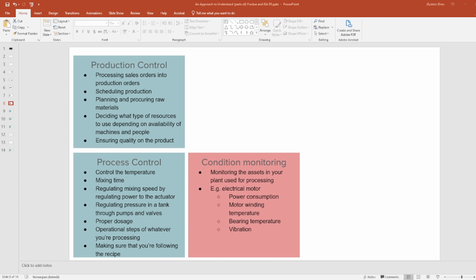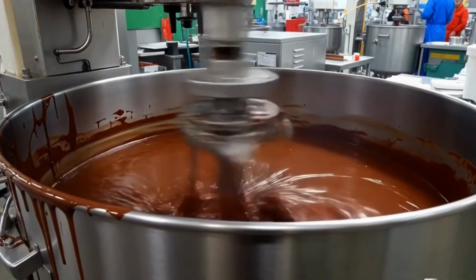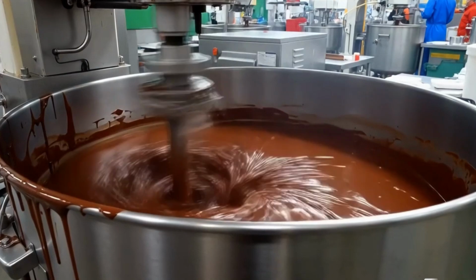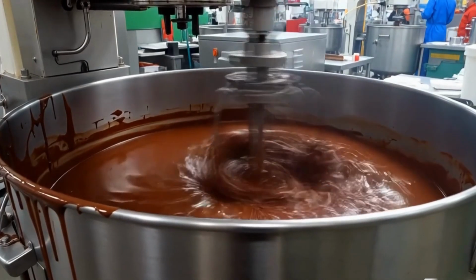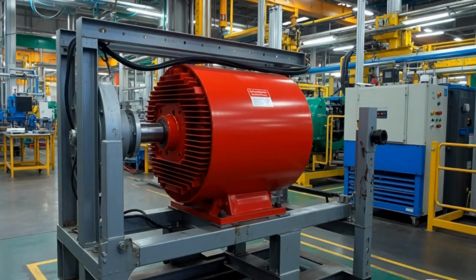To be clear, on process control, I'm not talking about the health of your assets that are being used. There is a difference between monitoring the temperature of your product, for example, ensuring a stable temperature while mixing chocolate, and monitoring the condition of your assets used in producing a chocolate bar.